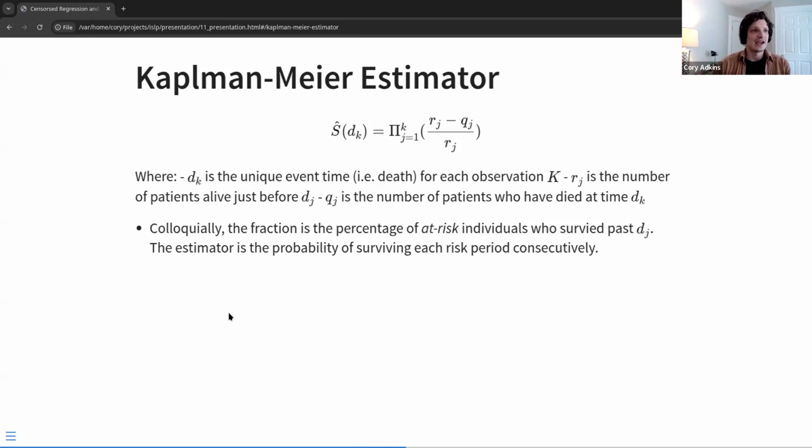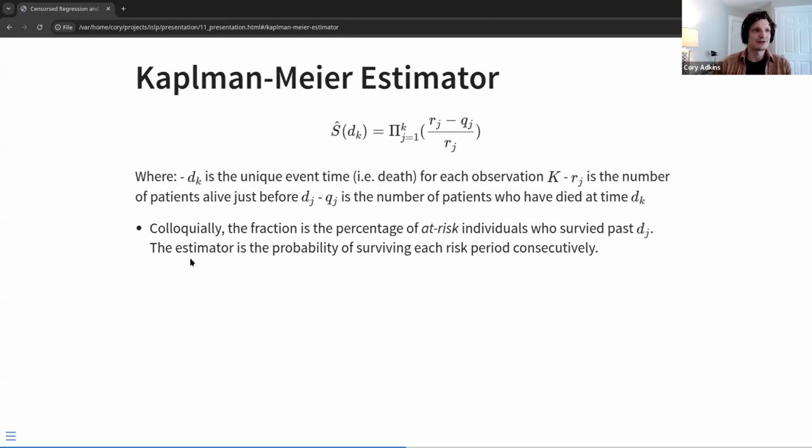So you're basically calculating, of the people who could have died in each time period, how many survived. You calculate that for each time period, where the time periods are defined by the events. Then you multiply those together as independent probabilities, I think.